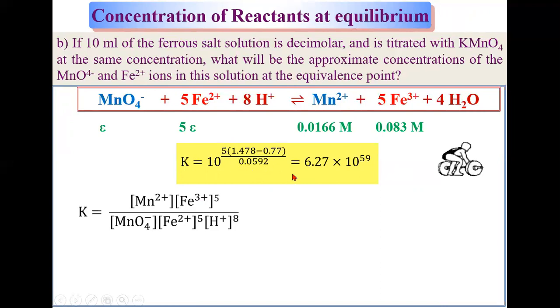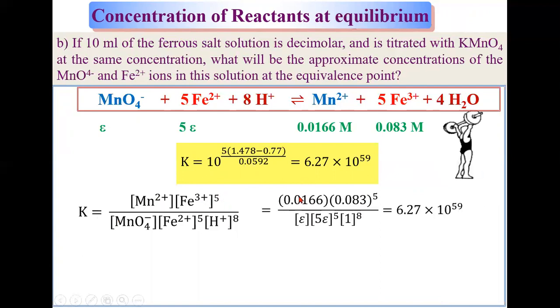All right, so we've done this enough times so you can get the K. Once I have K, the K expression at equilibrium is products divided by reactants concentration at equilibrium. And at equilibrium, we have already the concentration of the two products. Don't forget to put the stoichiometry 5 here.